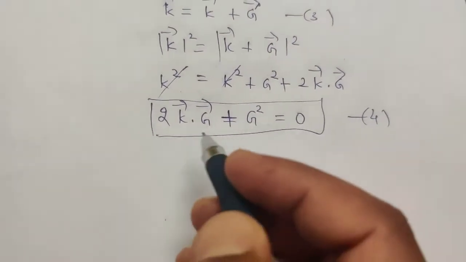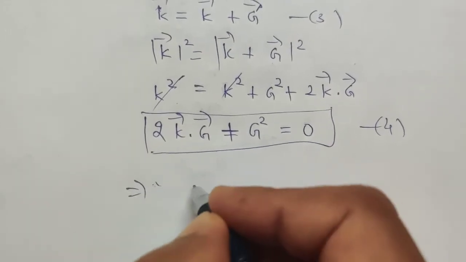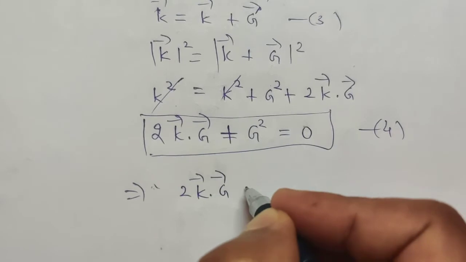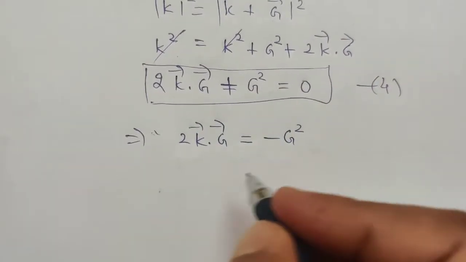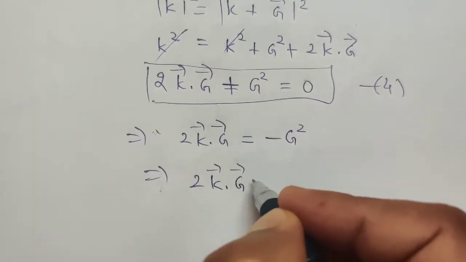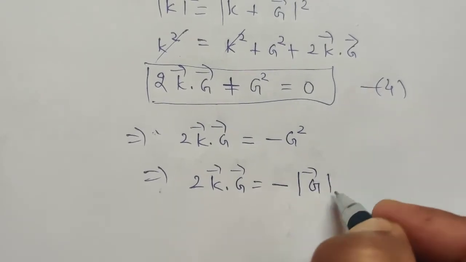This can also be written as 2K dot G is equal to minus G vector square.